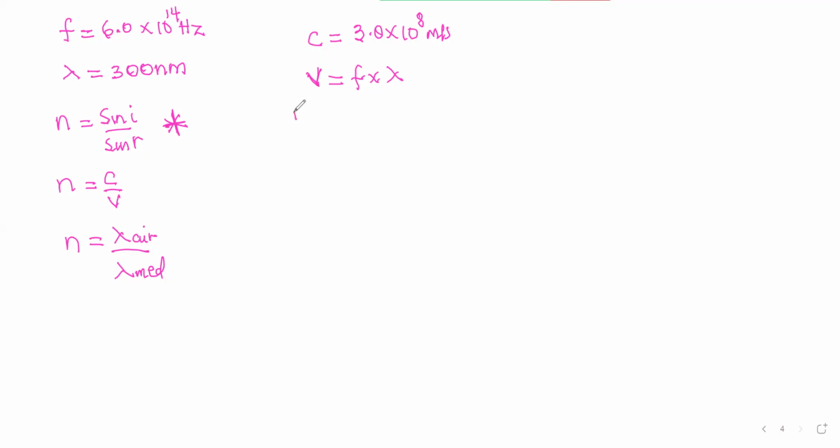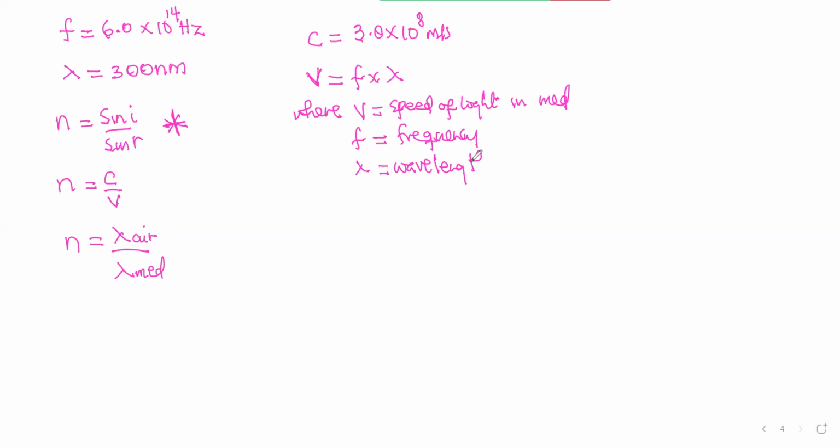Where v is the speed or velocity of light in the medium, f is the frequency of light, and lambda is the wavelength of light in a medium.